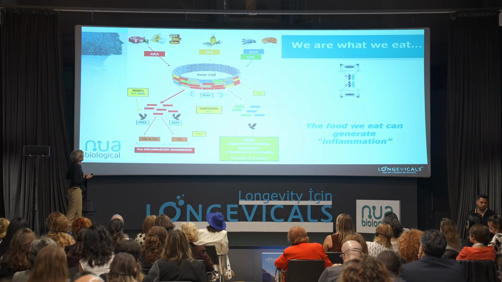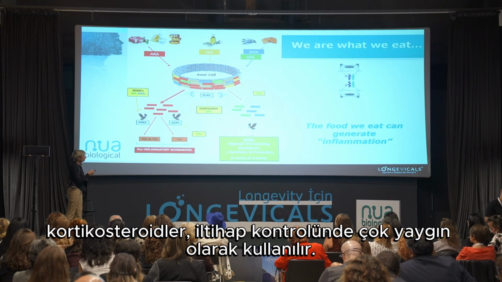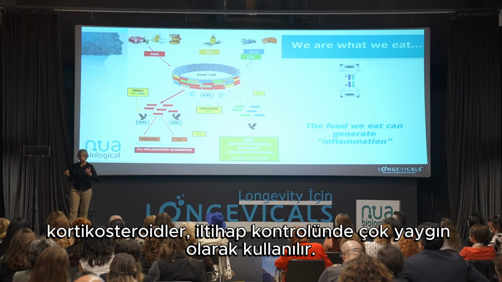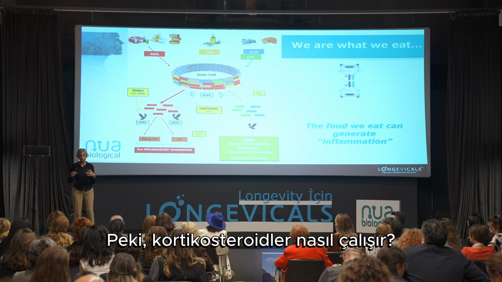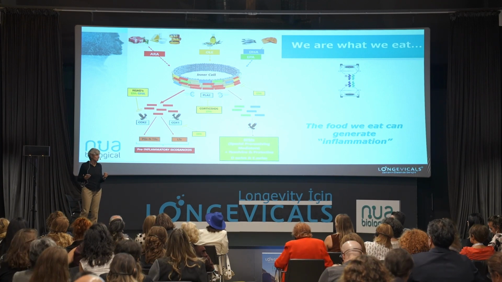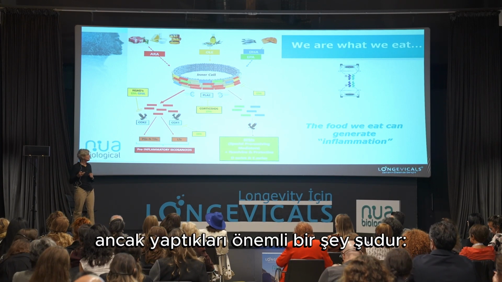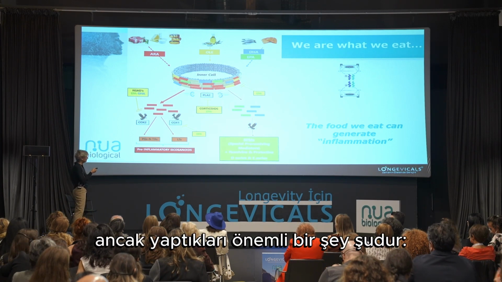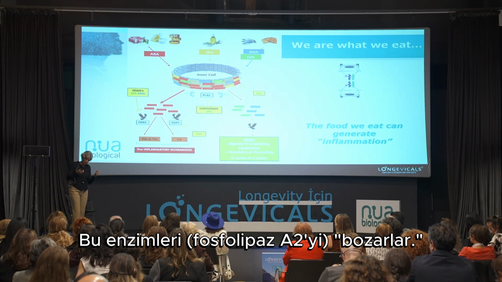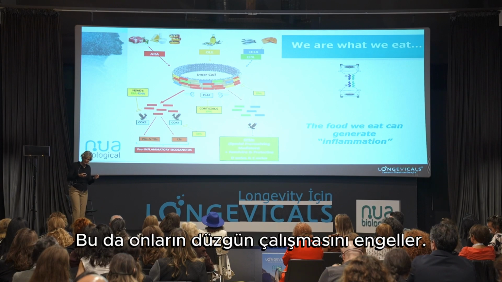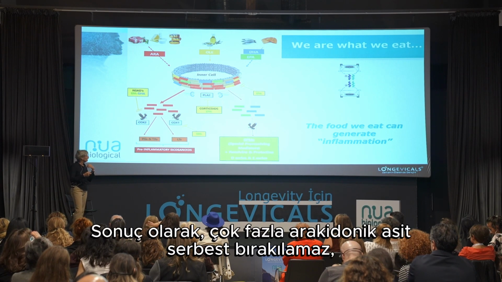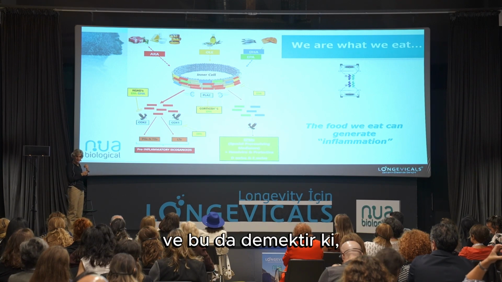So corticoids, which are also very much used, work in many ways. But there's one thing they do: these scissors here, they make them rotten. They work really badly, they try and stop them. So that means that we won't be releasing so much arachidonic acid.